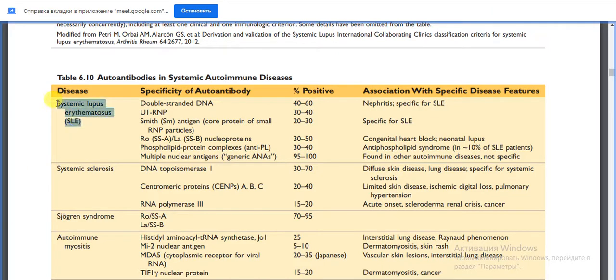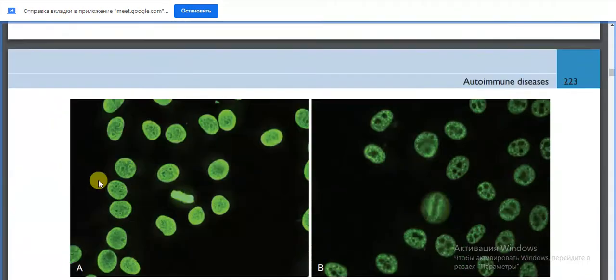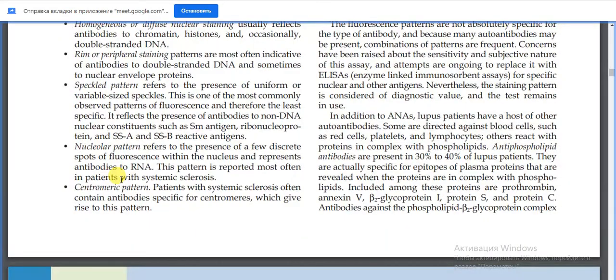Just make a PPT or any other type of presentation, and I will evaluate it for a mark. Then systemic sclerosis, Sjögren syndrome, autoimmune myositis, and rheumatoid arthritis. In the next practical class, I'll distribute these topics among you, and everyone will be responsible for one disease. Okay, that's it about this.